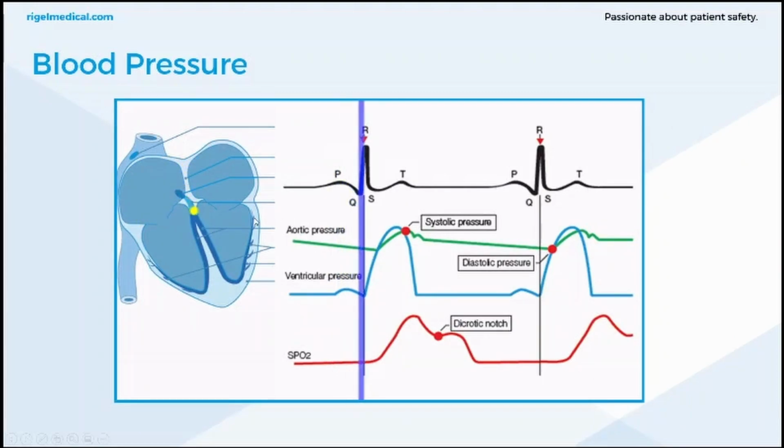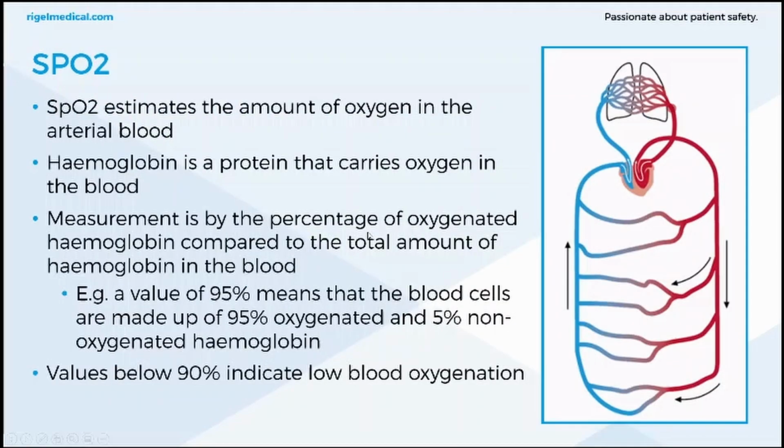So the same image from before shows the delay between the QRS complex and the peak pressure in the ventricles. So you've got the depolarization, and your aortic pressure is reaching peak aortic pressure here. So this is a much slower version of the QRS complex, just to show the different phases during the pressure cycle.